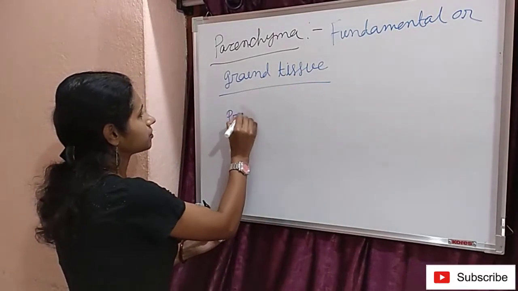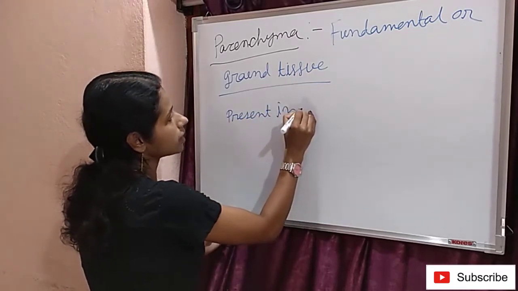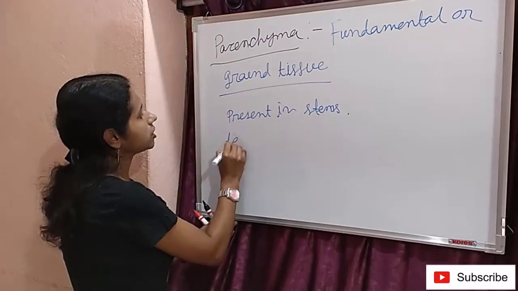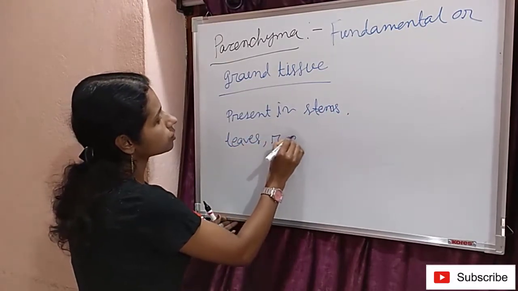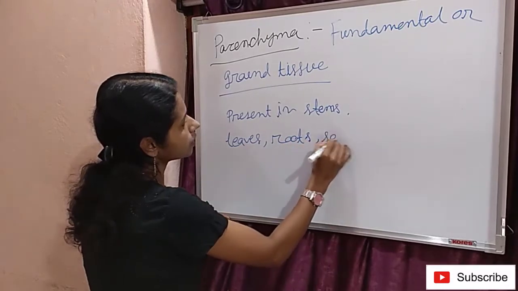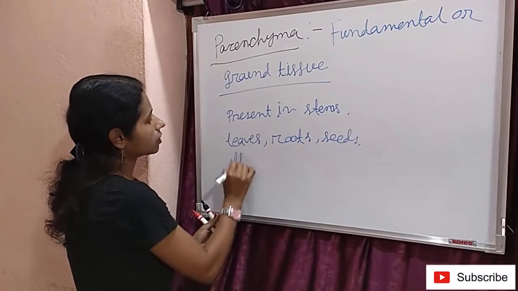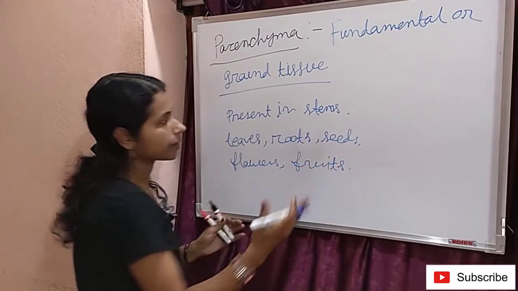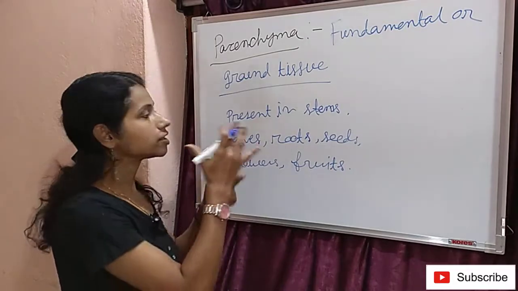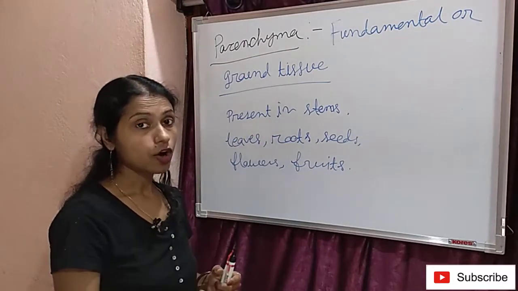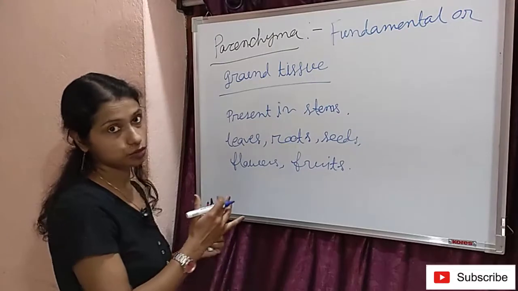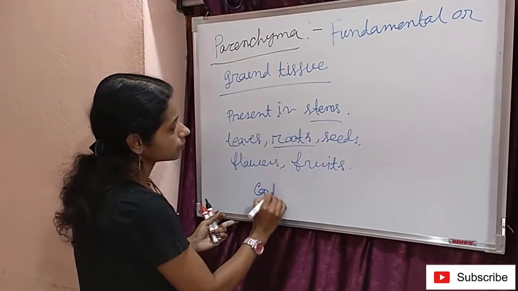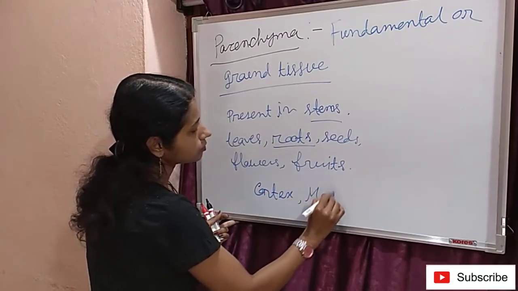It is present in stems, then leaves, roots, then seeds, flowers, fruits, everywhere. Mainly it is present in the cortex part or in the center part of the stem and root. In the stem and in the roots, it is present in cortex or medulla.